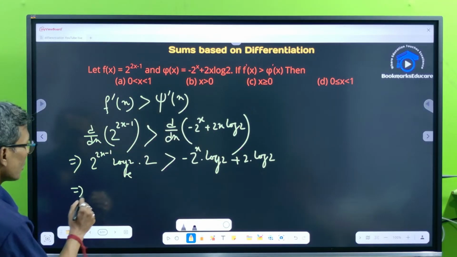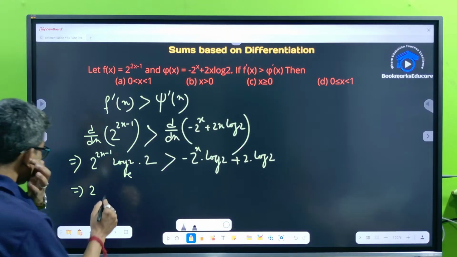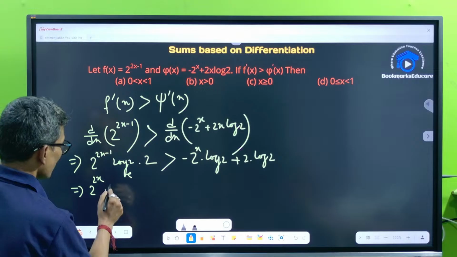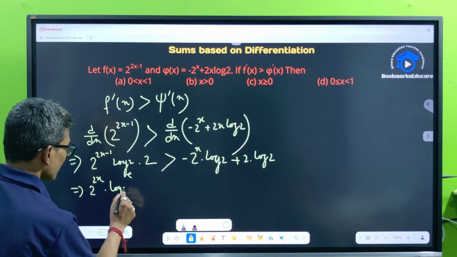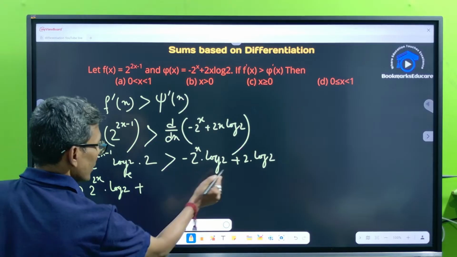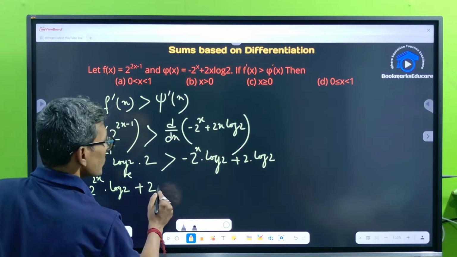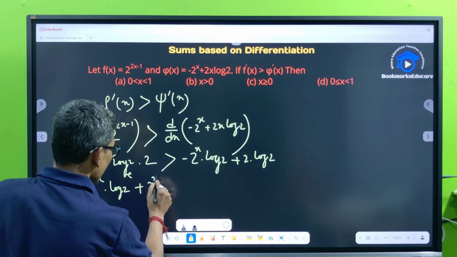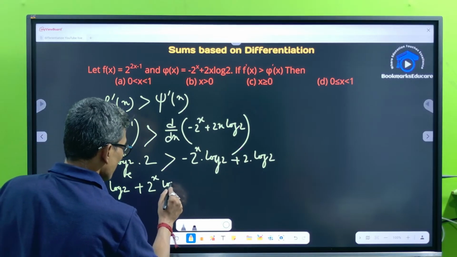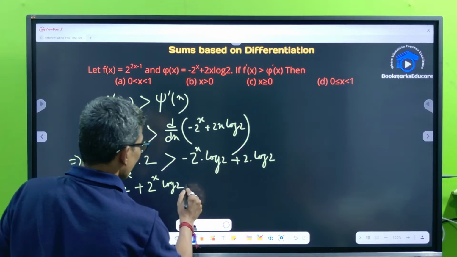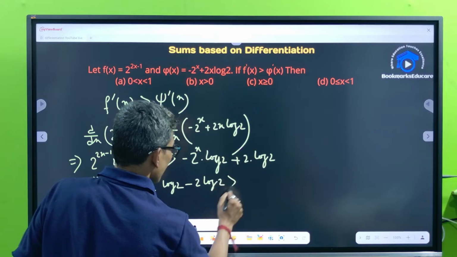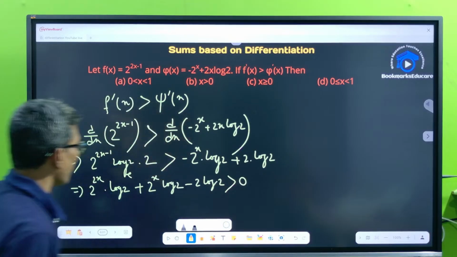So minus 2 to the power x into log 2 becomes plus here, and minus 2 log 2.